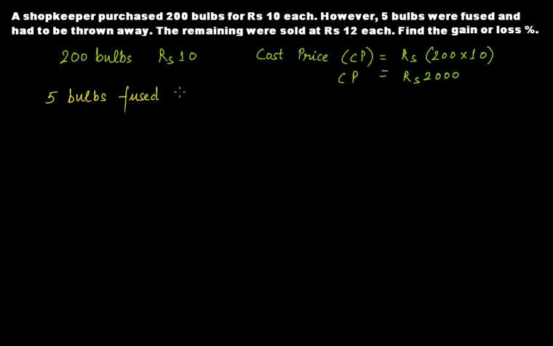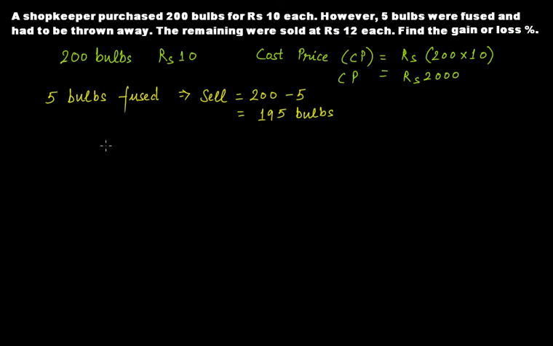So you can actually sell only 200 minus 5 bulbs, that is 195 bulbs. So this is the number of bulbs that can be sold.